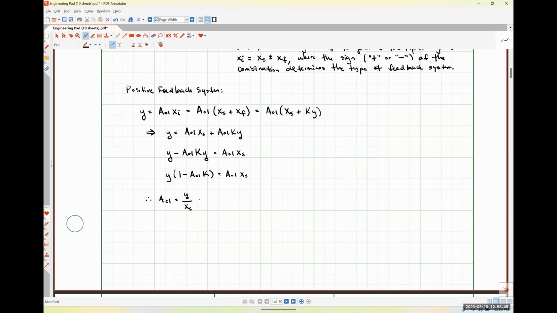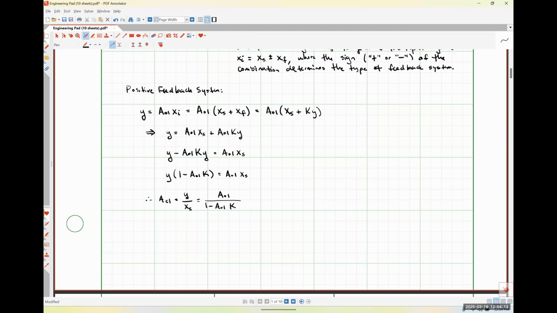And so what I'm going to wind up getting here when I do this math is simply AOL divided by 1 minus AOL times K. So this is my closed loop gain for my positive feedback system.